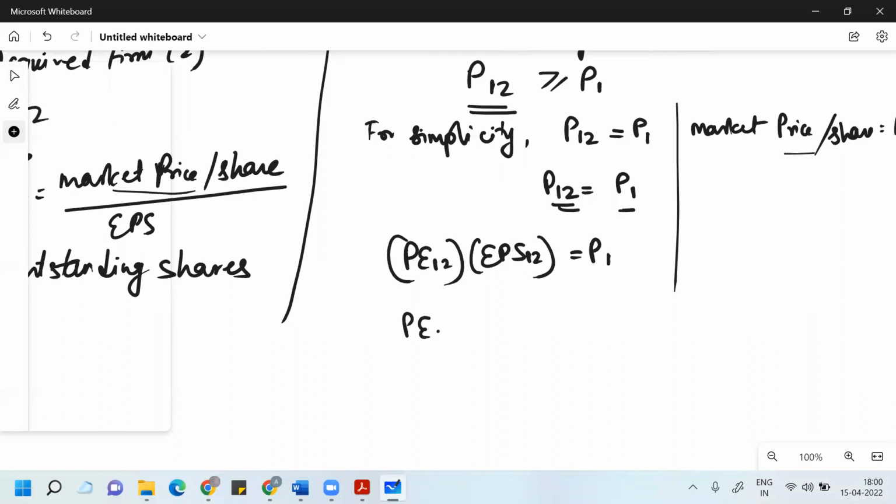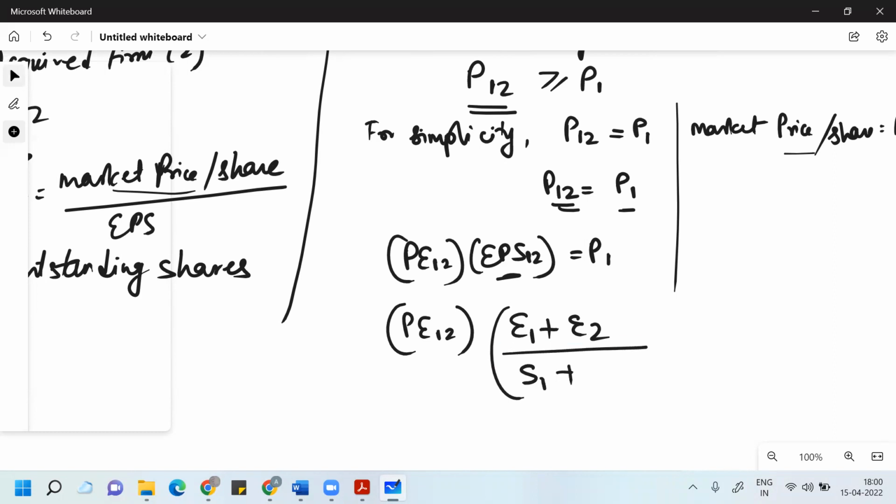Now I can write PE ratio of 1 into EPS of 1, where EPS is obtained from the profit after tax of firm 1 plus profit after tax of firm 2, divided by S1, the total number of outstanding shares of firm 1, plus the maximum exchange ratio into the number of outstanding shares of firm 2, and that would be equal to P1.